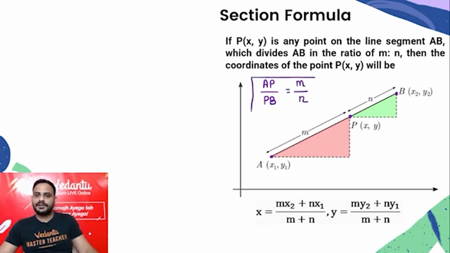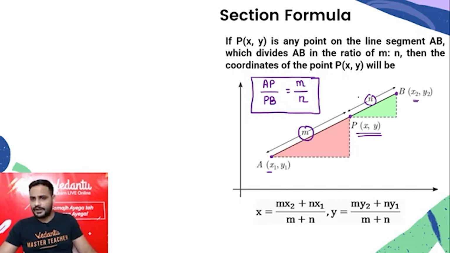Then the x coordinate of P will be m multiplied with x2 plus n multiplied with x1, divided by m plus n, and the y coordinate of P will be m into y2 plus n into y1 divided by m plus n.